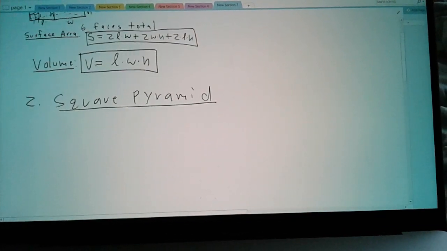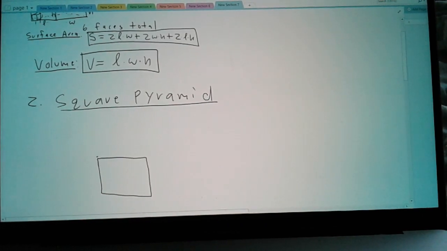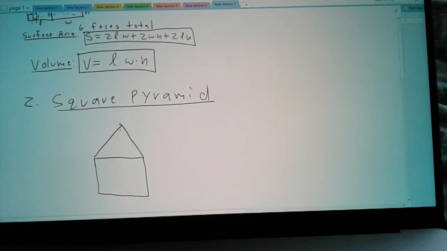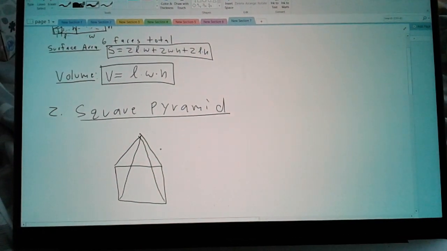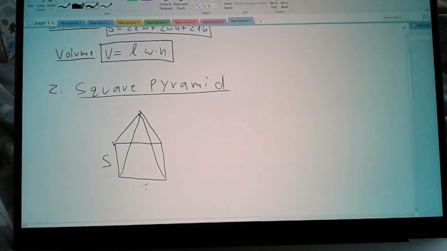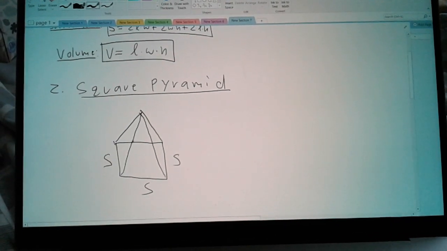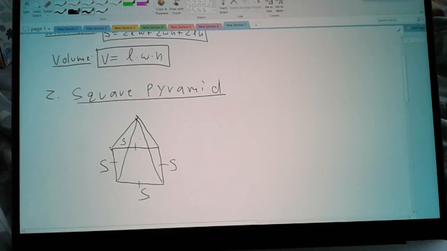The reason they call it a square pyramid is because the base of the pyramid is a square. So it'll look something like this. If you go to Egypt, you've seen pyramids already. Everything here, this is a square. All the sides are the same.